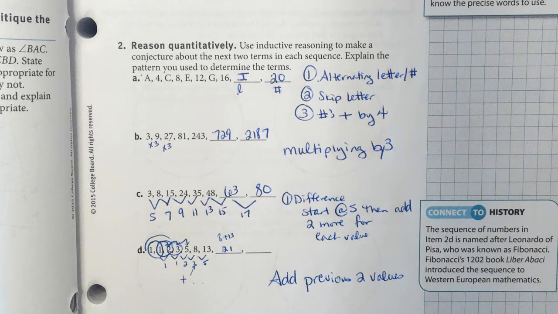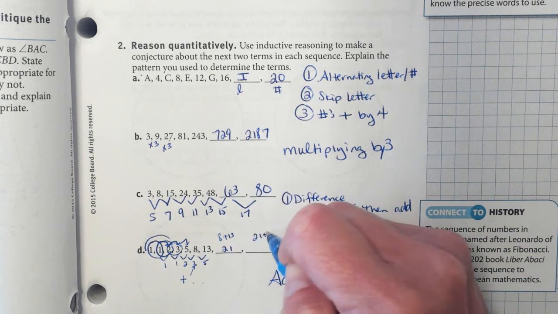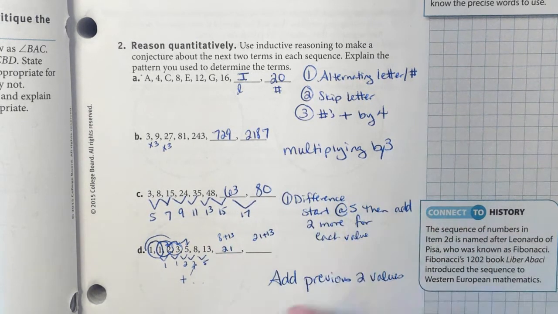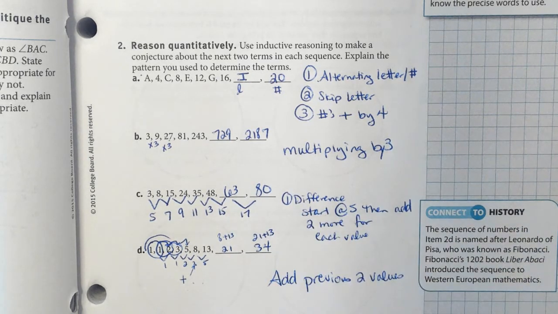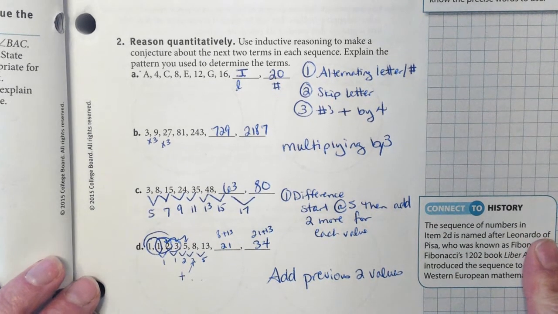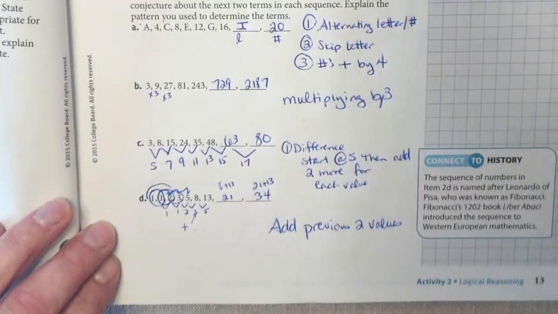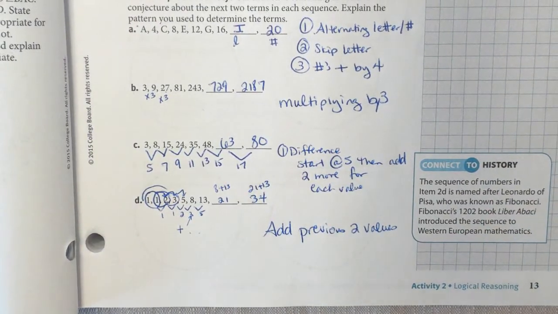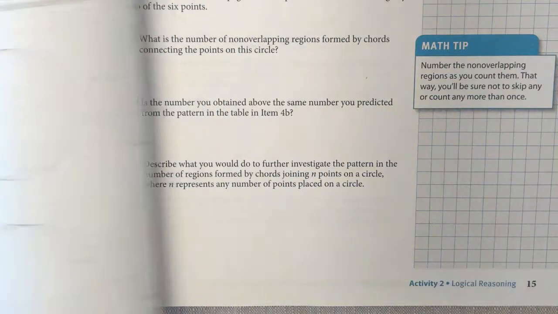Interesting. And then 21 plus 13, that's 34. I hope you guys were able to see that. Here is a little hint. This is called a Fibonacci series or sequence.